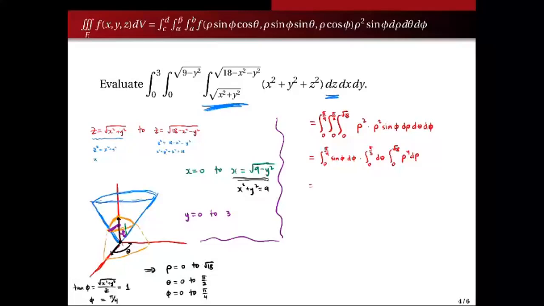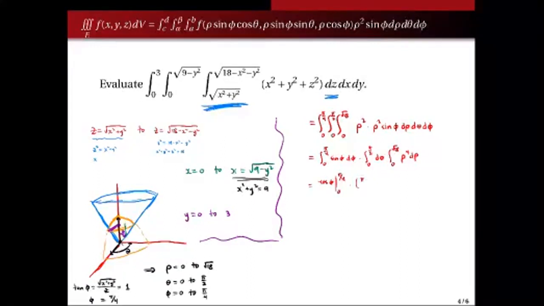So evaluating, we have negative cosine phi evaluated from 0 to pi over 4, times pi over 2 again in here, then times rho to the 5 over 5 evaluated from 0 to square root of 18.